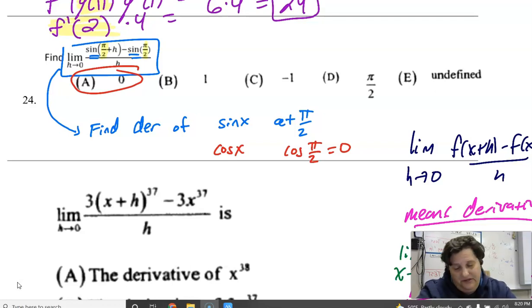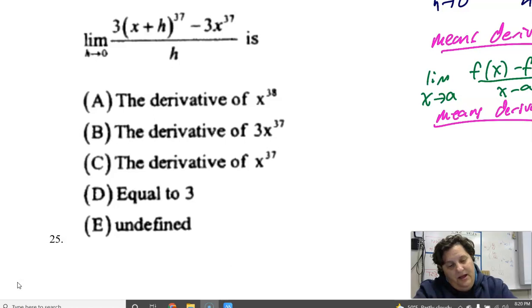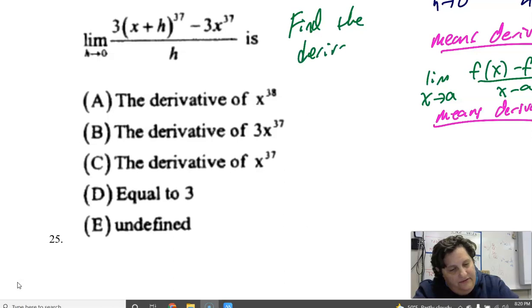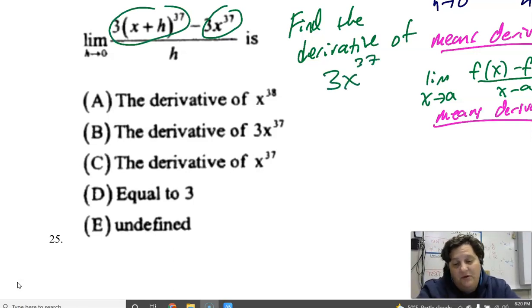They used to always confuse the heck out of me. Okay, check it out. The limit, blah, blah, blah, is. It's not really asking me for a limit. It's asking me for a derivative. So what is it saying? It's saying find the derivative of 3x to the 37th. And on this one, I'm not even plugging in a number. Okay?